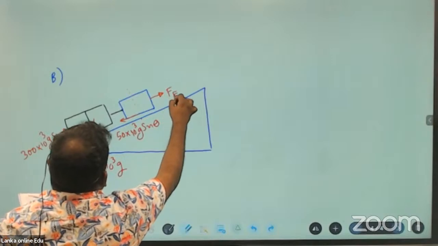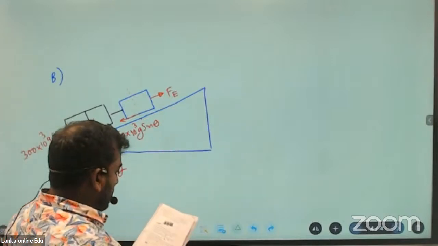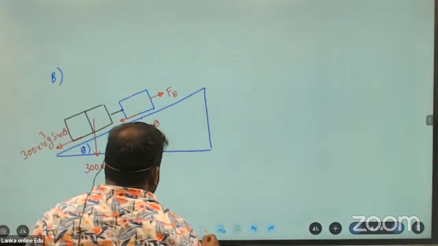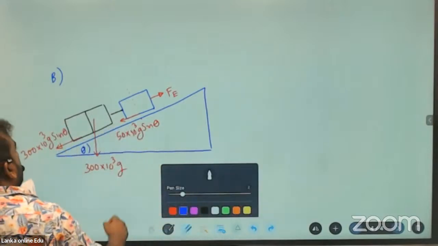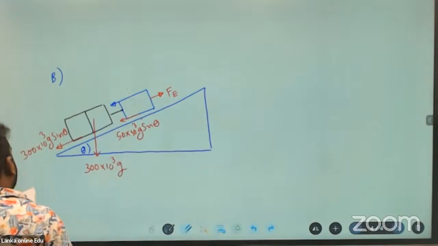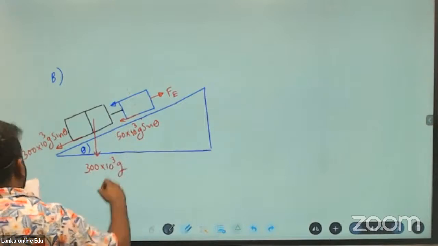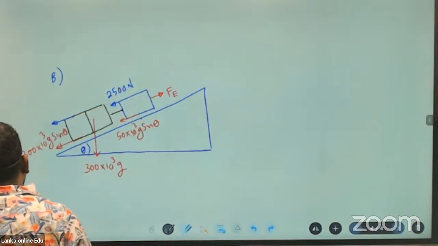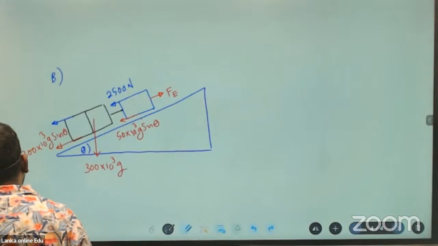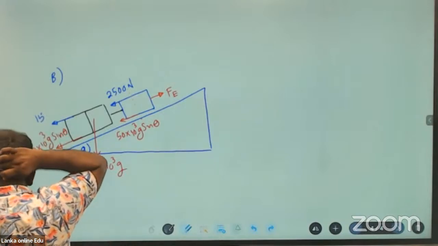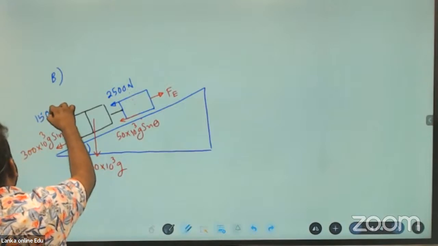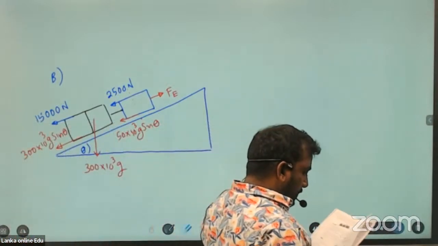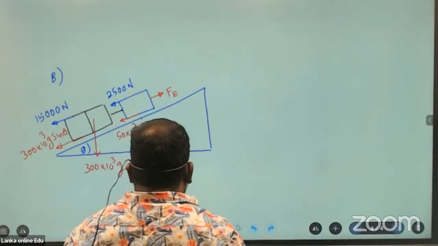There will be engine force separately. Resistive force is 50 newton per 1000. That is separate from this component of weight. 50 newton every 1000: 50 times 50 is 2500. Here, 50 newton every 1000, 5 times 300 is 1500, 15,000. So 15,000 newtons acting downwards from both sides, apart from the weight.